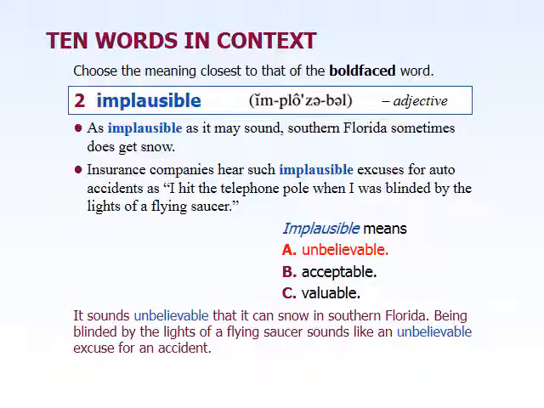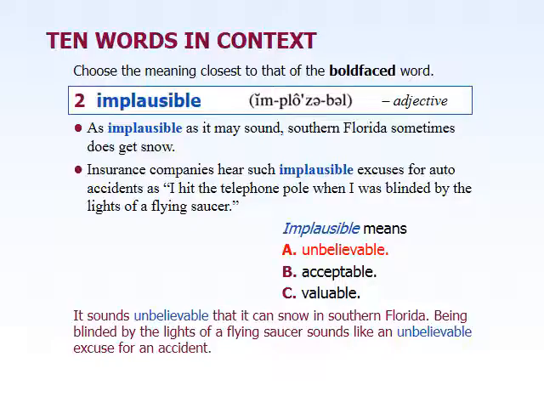Again, we can take this word apart a little bit. The "im" at the beginning is just like in impossible, meaning not, and it's connected to the word plausible. Plausible means it's believable, not necessarily that it did happen, but it's possible that it did happen. When we say that something is implausible, it means there's no possible way that could happen.